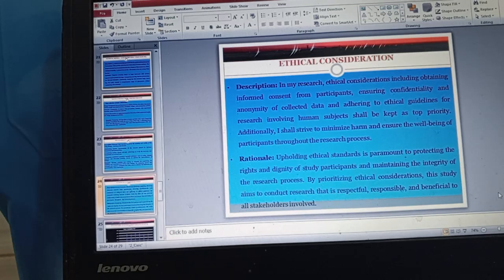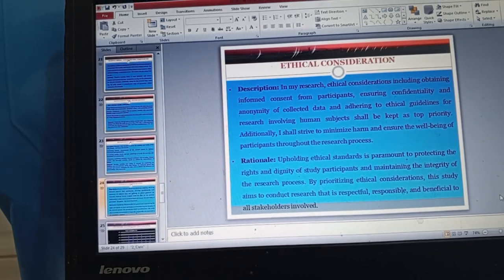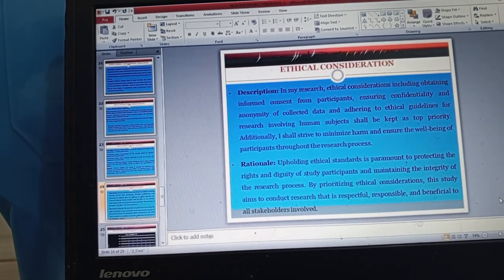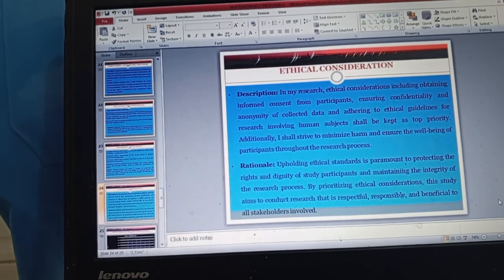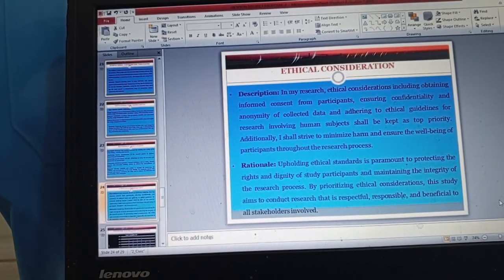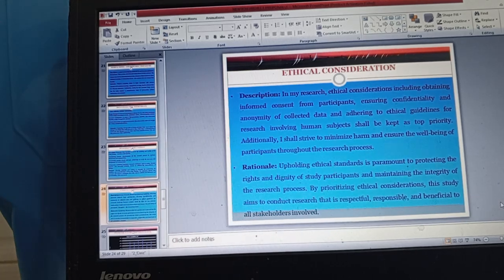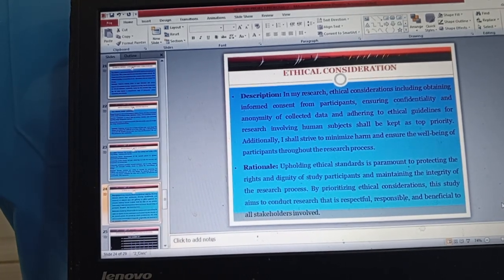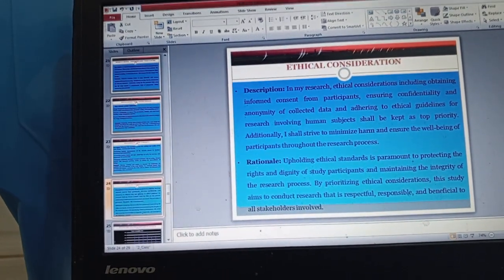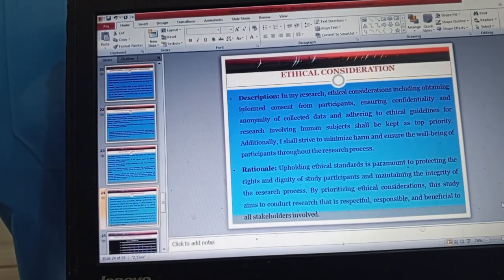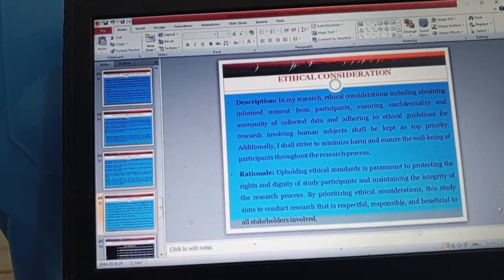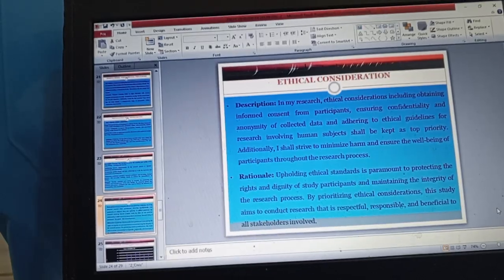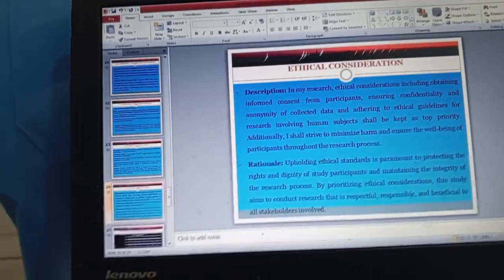Then on the rationale, upholding ethical standards is paramount to protecting the rights and dignity of study participants and maintaining the integrity of the research process. By prioritizing ethical considerations, this study aims to conduct research that is respectful, responsible, and beneficial to all stakeholders involved.